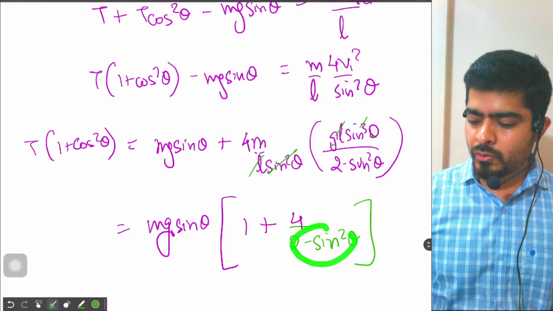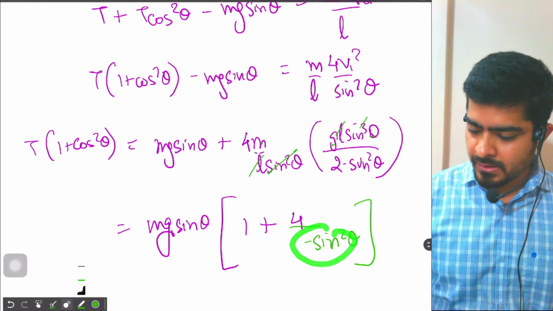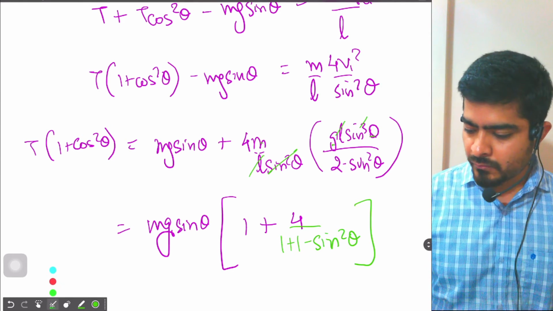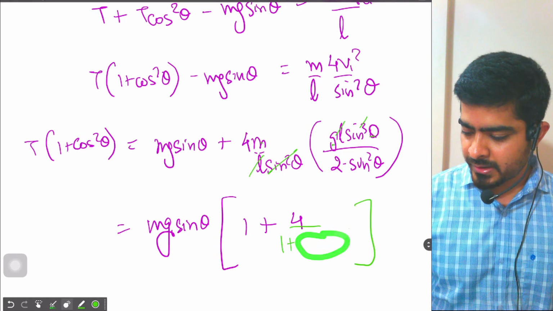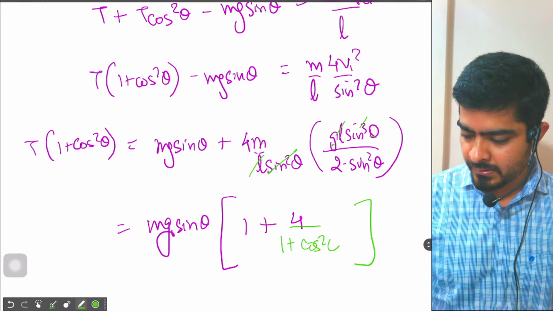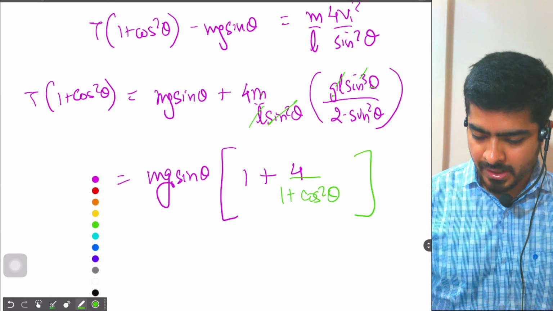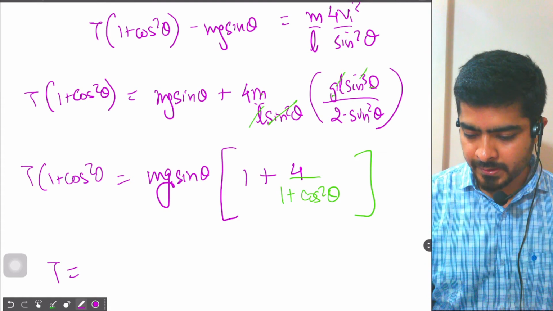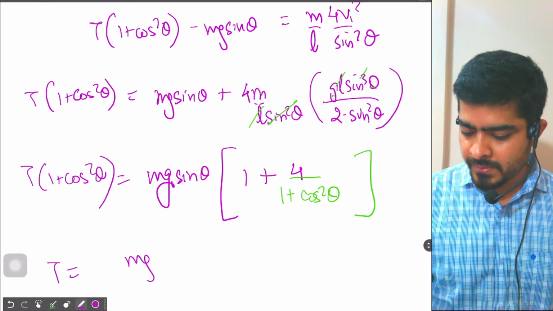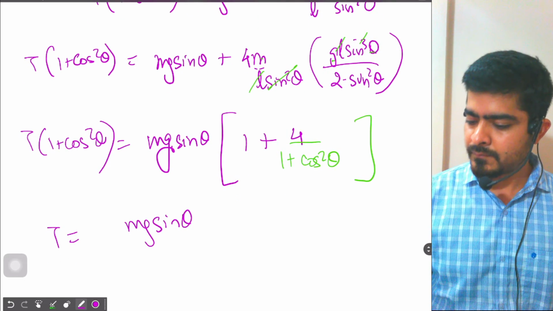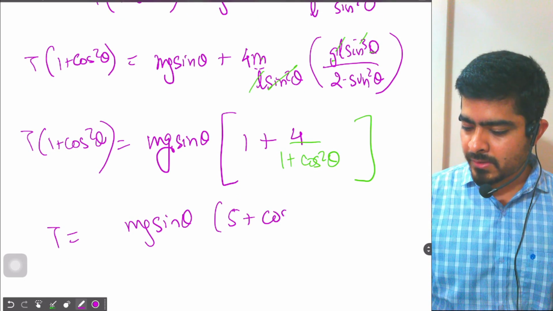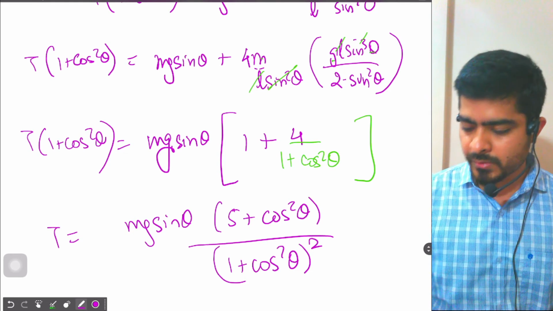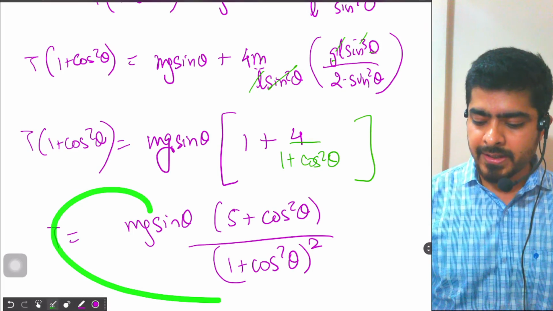Now 2 minus sine square theta could be written as 1 plus 1 minus sine square theta. So 1 minus sine square theta, again we have already done this, is equal to cos square theta. Okay. So we have finally T into 1 plus cos square theta. So we have T is equal to mg sine theta times 1 plus cos square theta by 1 plus cos square theta whole square. This is the tension T. Okay.